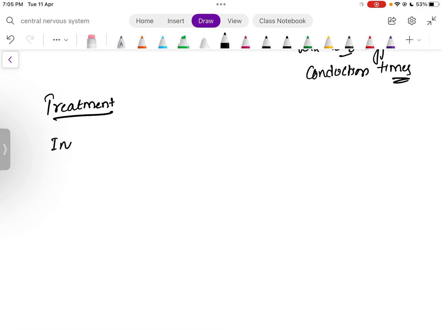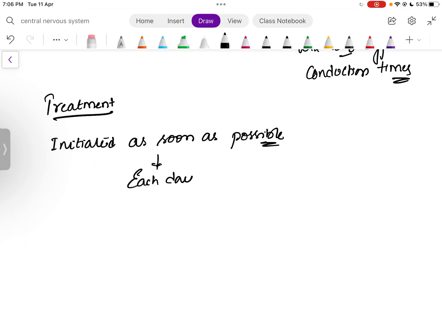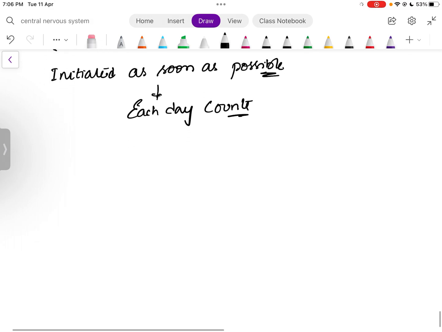It should be initiated as soon as possible, because each day counts. Each day counts, and the paralysis will go on increasing. That is an ascending paralysis. The paralysis will go on increasing and it will affect the patient.